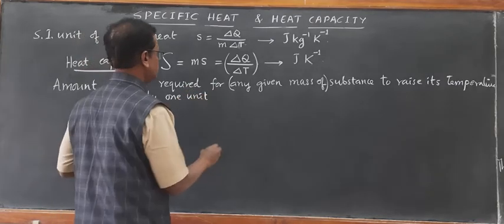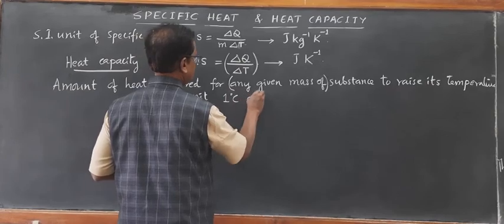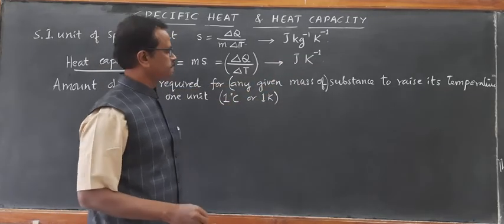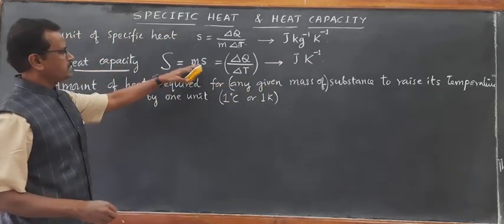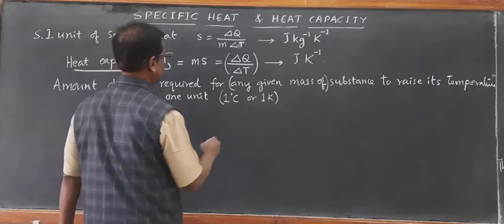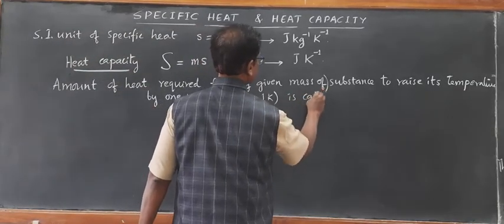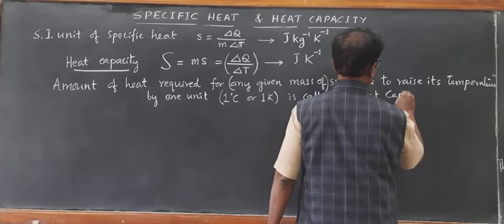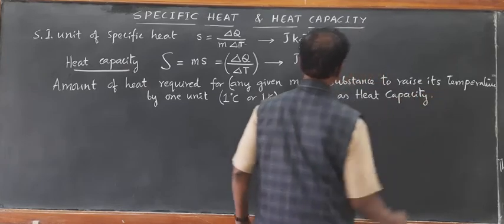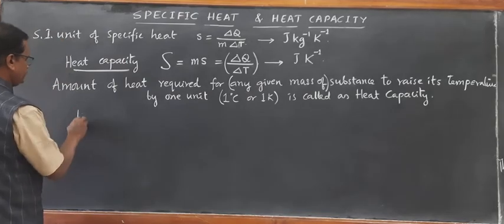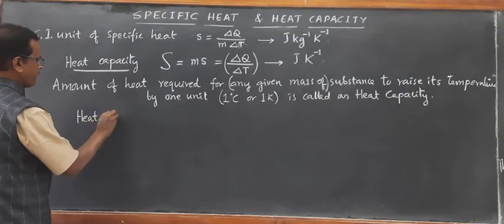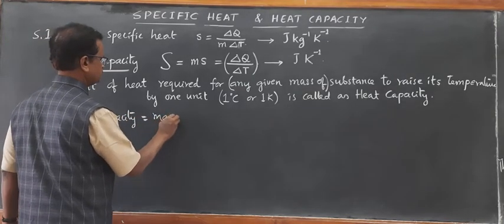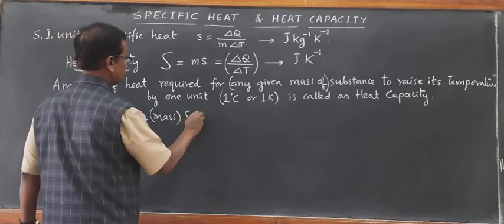Temperature by 1 unit means either 1 degree Celsius or 1 Kelvin. Therefore, it is measured in terms of joule per Kelvin. It is also the product of mass and specific heat. This is called heat capacity. So, from this comparison, we can write that heat capacity of a substance is equal to mass into specific heat.